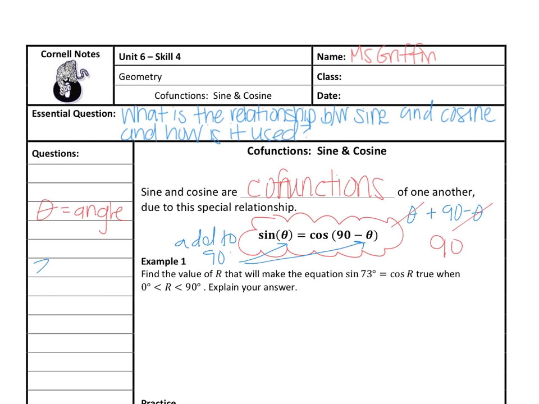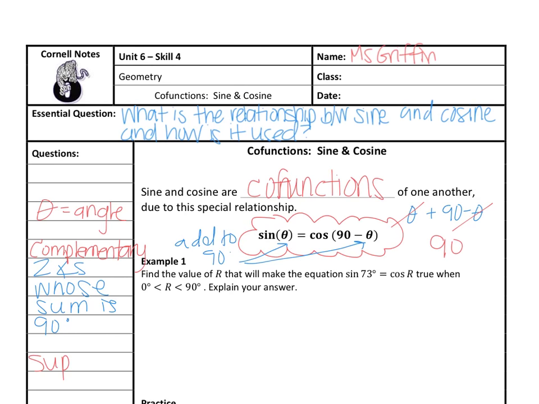And when we have two angles whose sum is 90, that's called complementary. Just like supplementary are two angles whose sum is 180, complementary two angles whose sum is 90. Now if you think you might get confused between the two, here's a little trick for you.